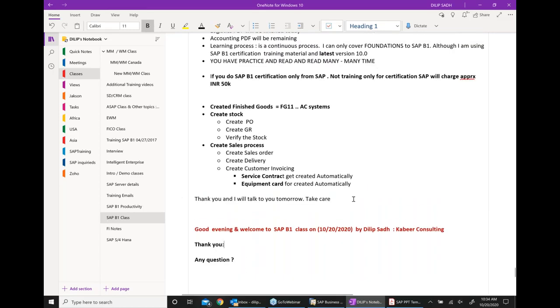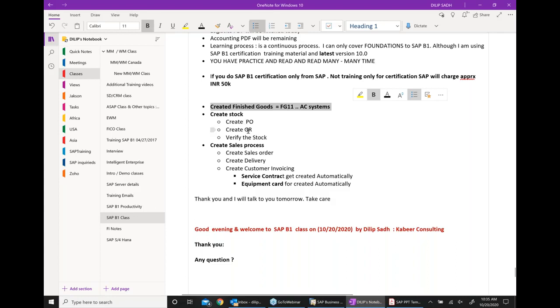So what we did yesterday was we created a finished good, for example FG11, which was an AC system, an air conditioner. Then we created stock: we created a purchase order, created a goods receipt, and verified the stock.